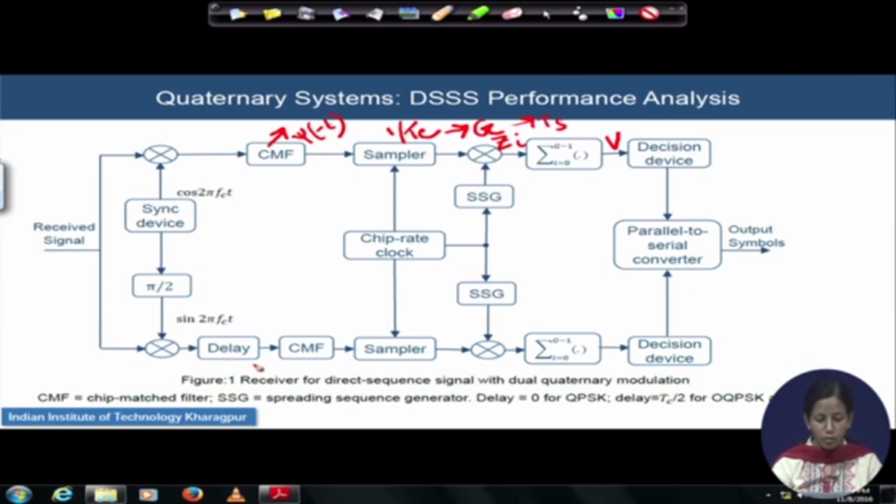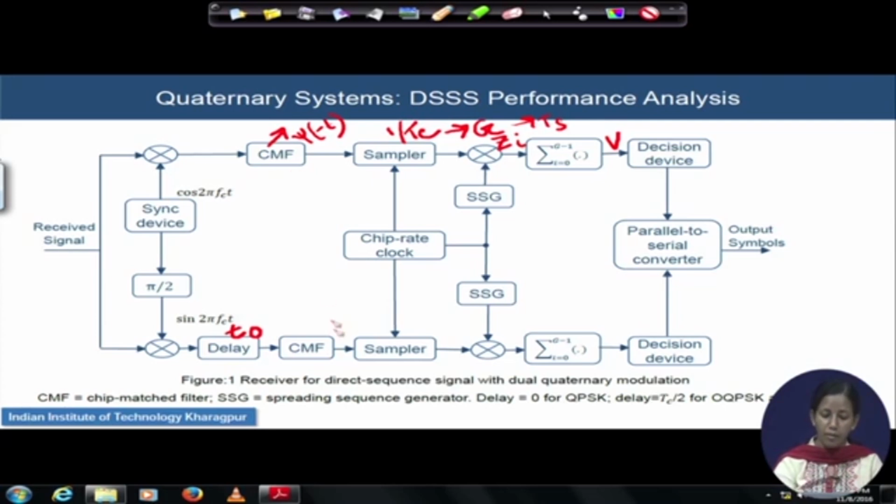And from top to bottom we have an extra block called delay, where, as we have seen in the expression, the other carrier is delayed by an amount of T0 with respect to the earlier one.